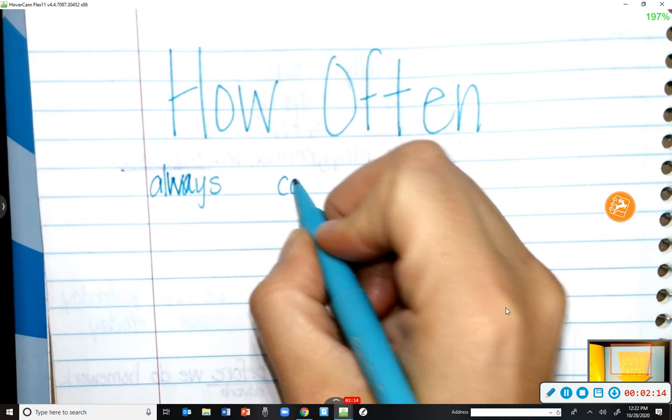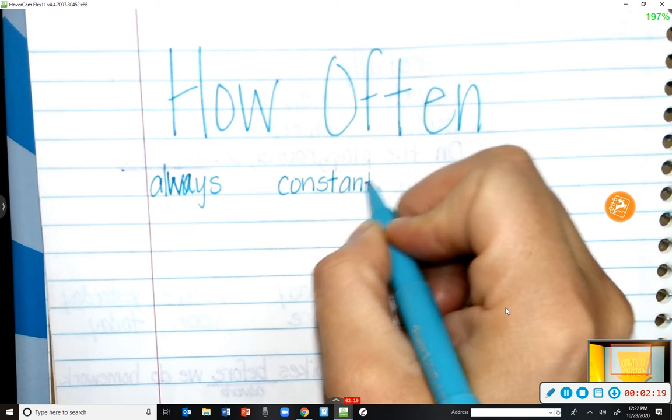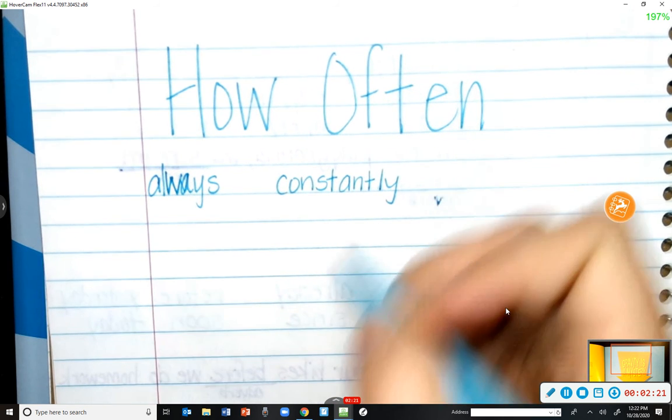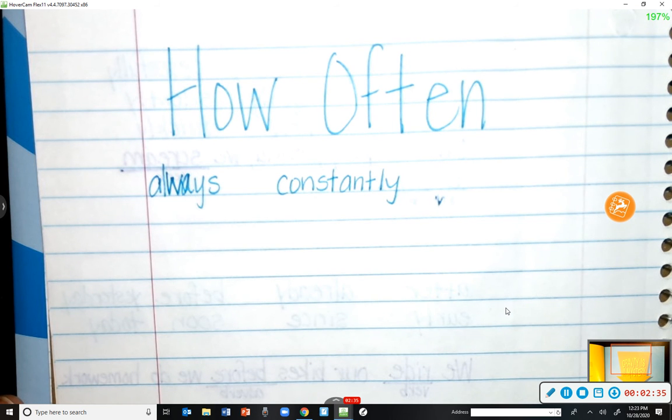Constantly. He constantly taps his feet on the floor. So constantly is describing the verb tap, right? How often does he tap? He taps constantly. Okay.